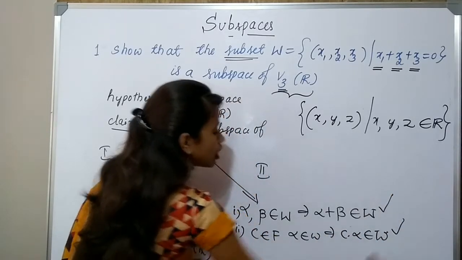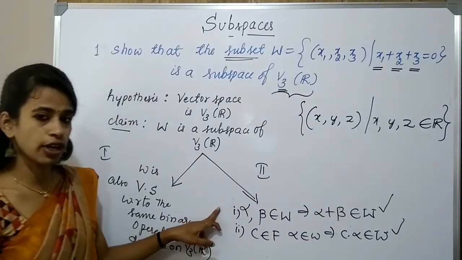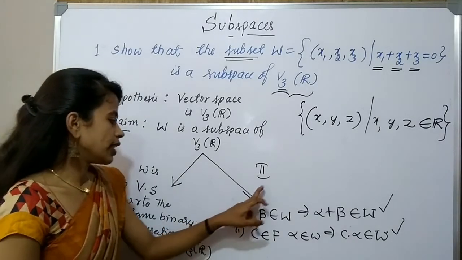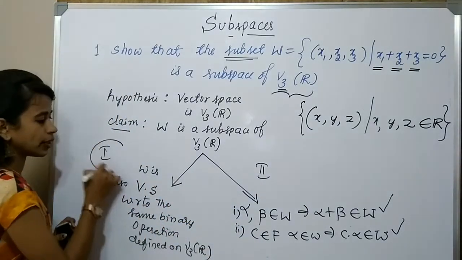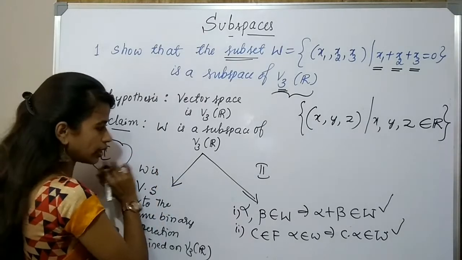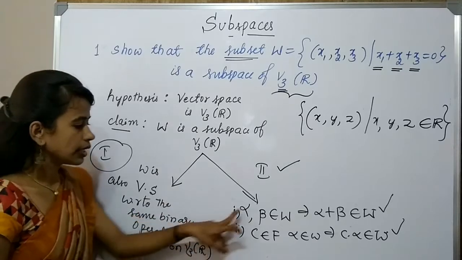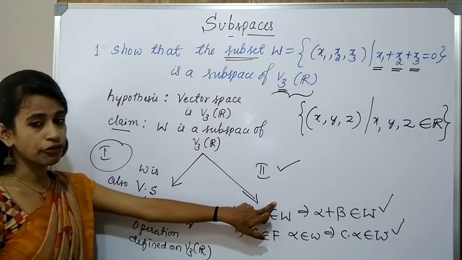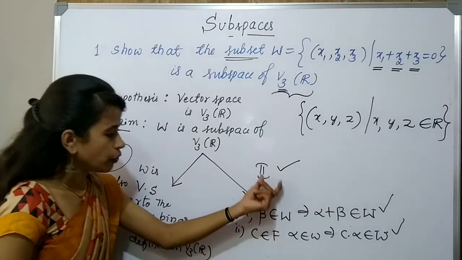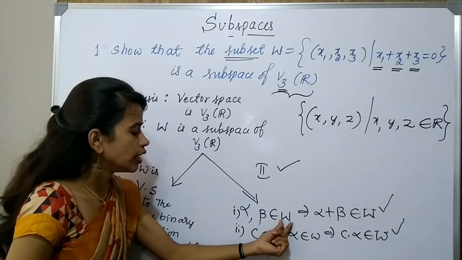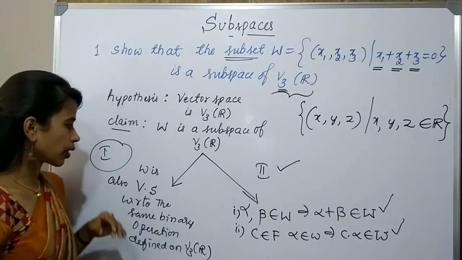So just check these two conditions. This is the necessary condition for a subspace. So this is the second method. The first is somewhat lengthy, and this is easy. Okay. So I am using this method, that is, the necessary and sufficient condition. With respect to this, I am showing W is a subspace.